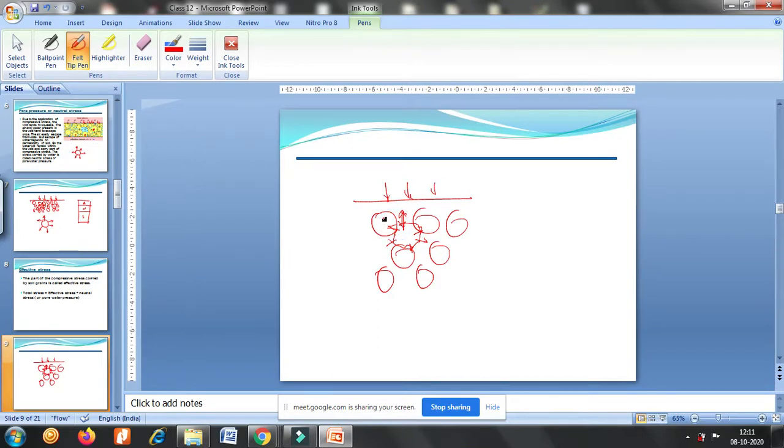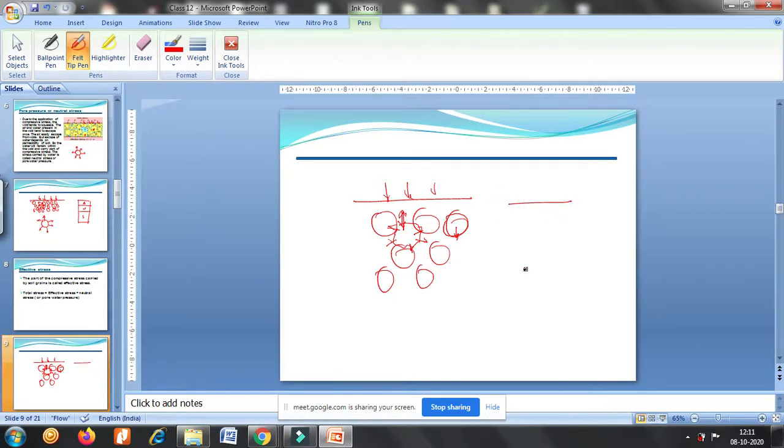Now, this stress is acting on the soil particle also. It will act on the soil solid, and whatever stress is given by the soil solid in the downward direction is the effective stress.